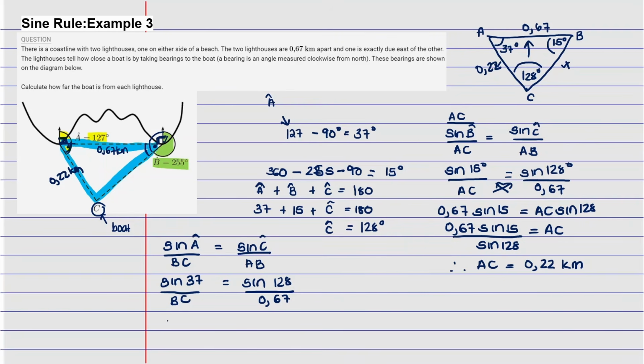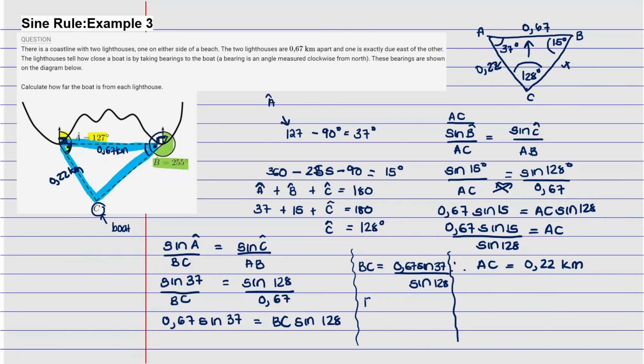Cross multiply. So this is going to be 0.67 sine 37 is equal to BC sine 128. So this is going to be the same as saying BC equals 0.67 sine 37 divided by sine 128.